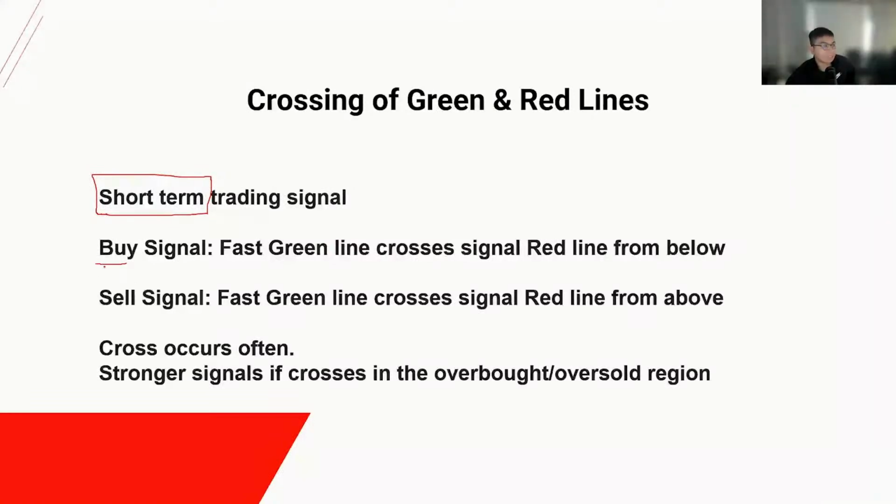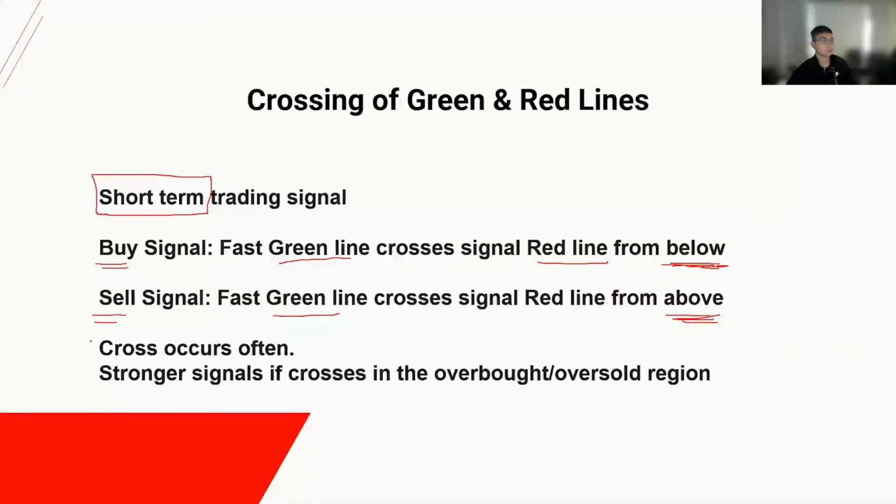So a buy signal is when the green line crosses the signal red line from below. Note this down. There's a very, very big difference. So a sell signal is when the fast green line crosses the signal red line from above. So just take note, this is a short-term trading signal.